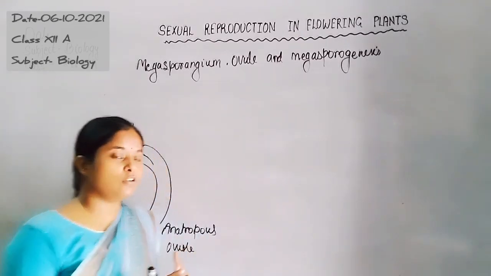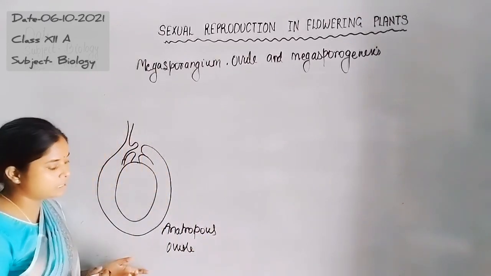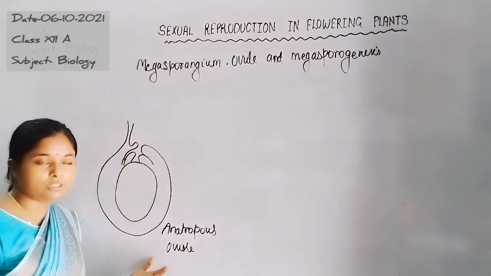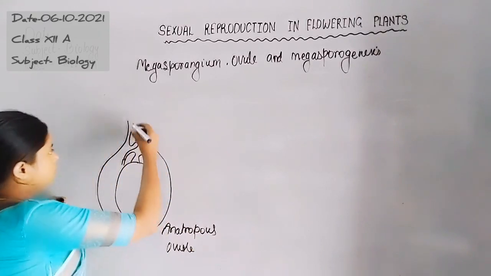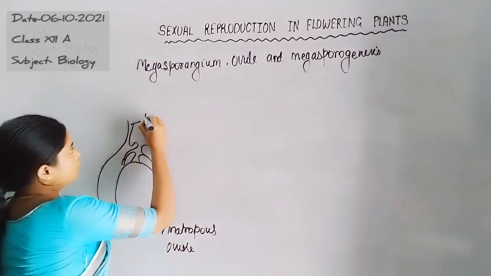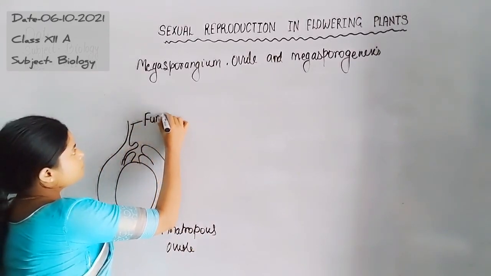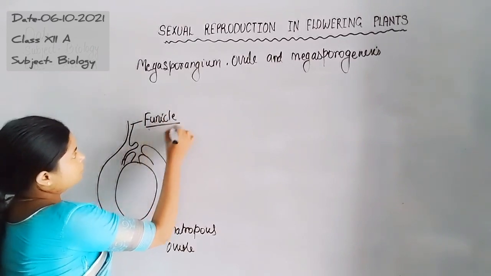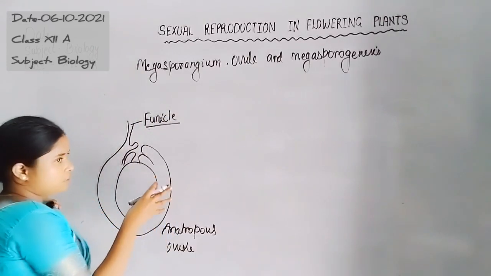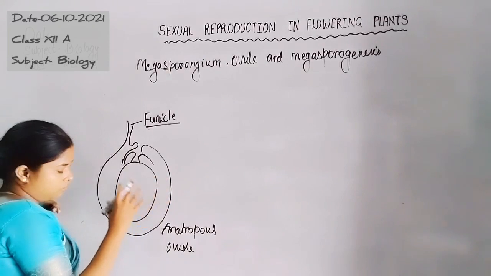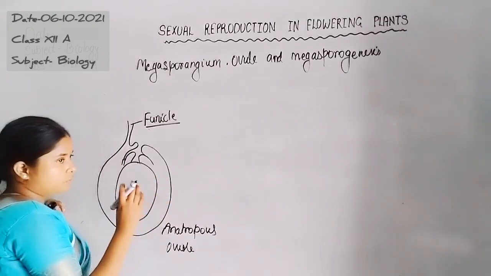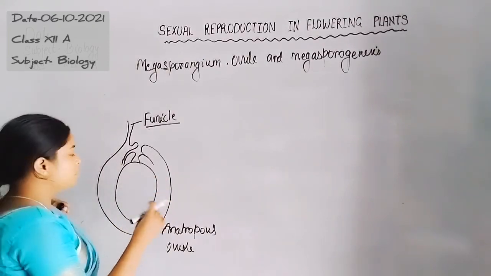Such kinds of ovules are also found, but in NCERT the anatropous type of ovule is given. Now the funicle is present. Through the funicle, it attaches to the ovary by the placenta.